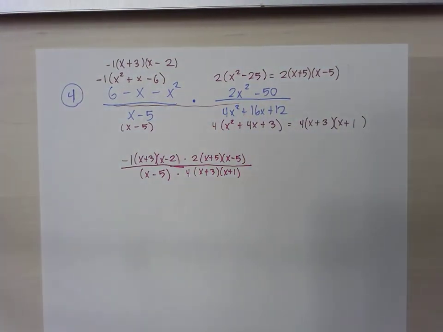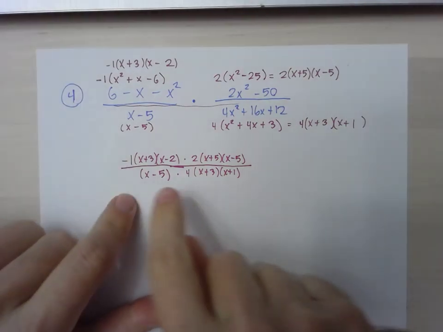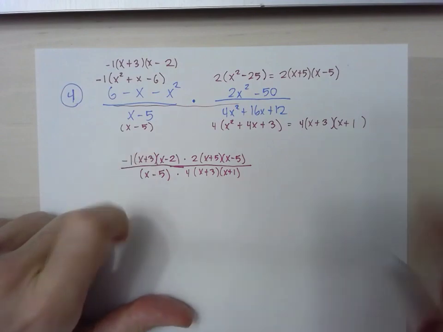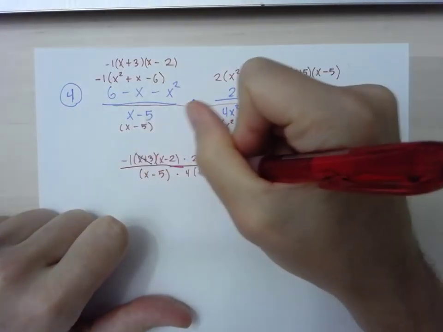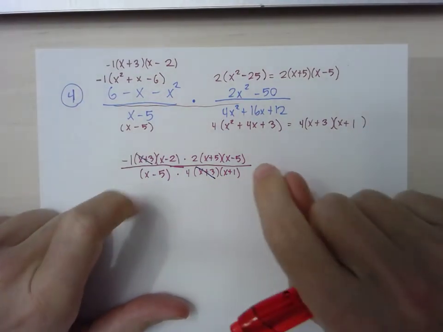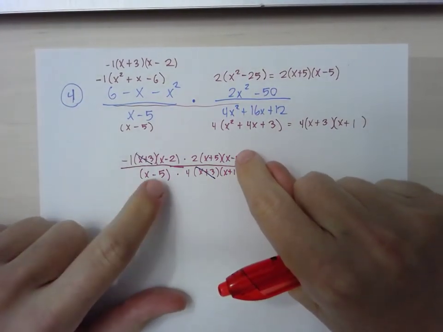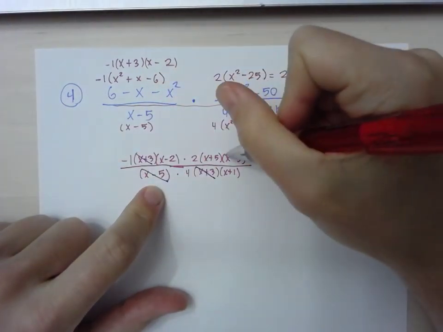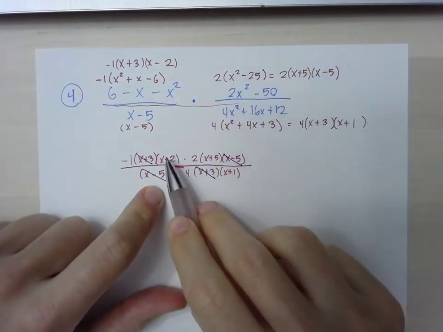All right, from there, I look for anything I can cancel out. As long as I have one matching pair on the top and bottom, those can cancel out. So I can get rid of those x plus 3s. I also have an x minus 5 here and an x minus 5 here. So I'm going to get rid of those as well. Looks like I have all my factors left over.